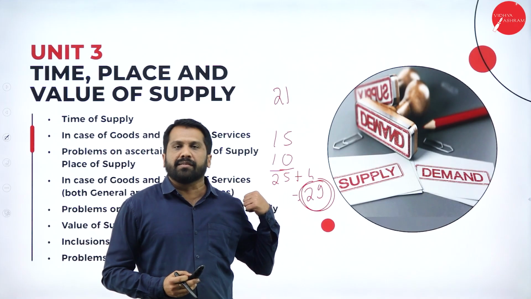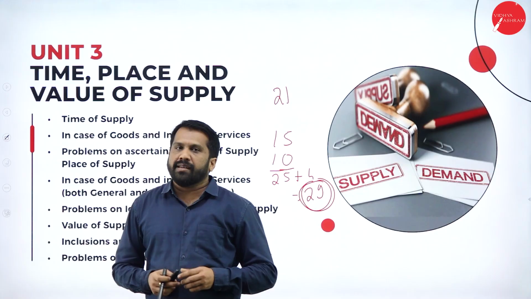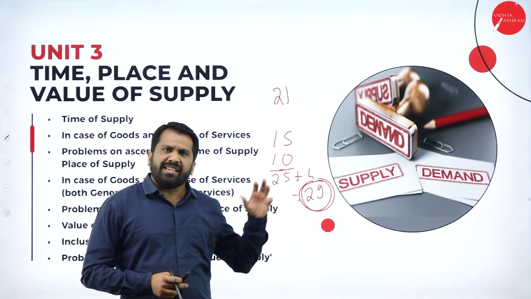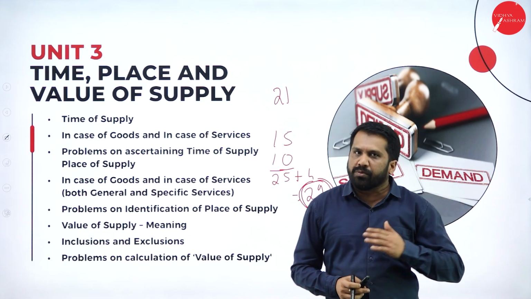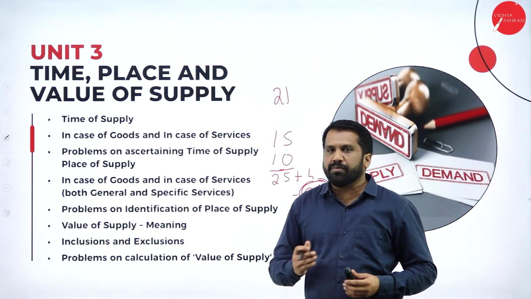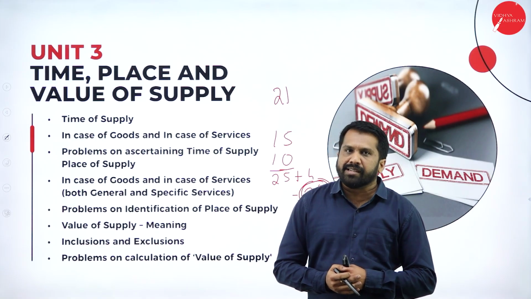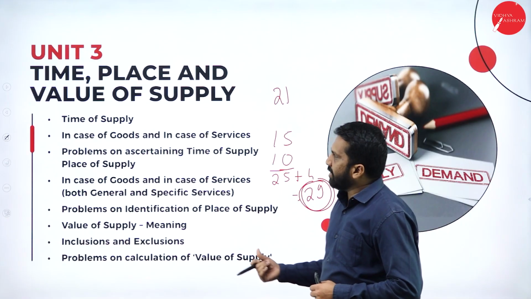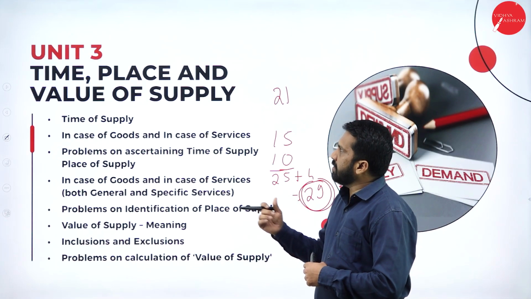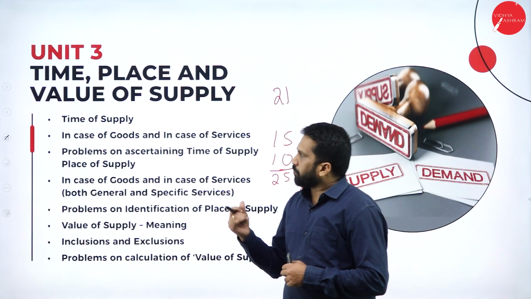I can teach you within 5 minutes because it is the easiest part; you just have to remember what has to be excluded and what has to be included. If you just add everything and minus the discount portion, your problem is done. Clear? The easiest part of your GST is time, place and value of supply.